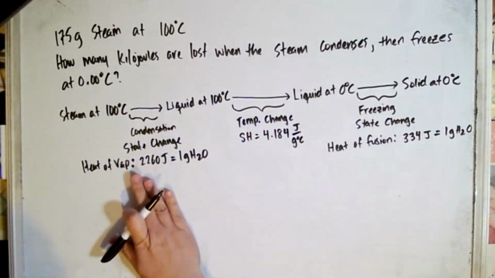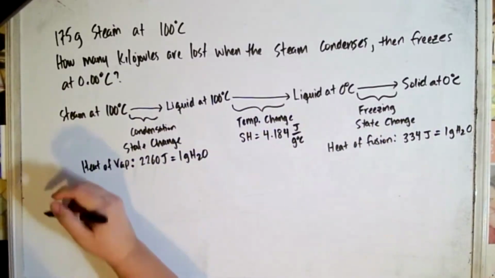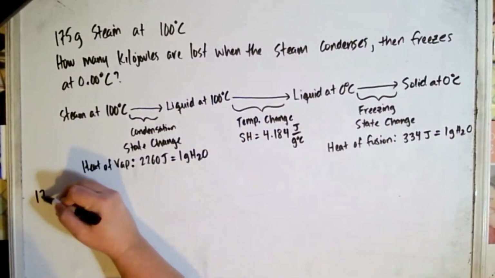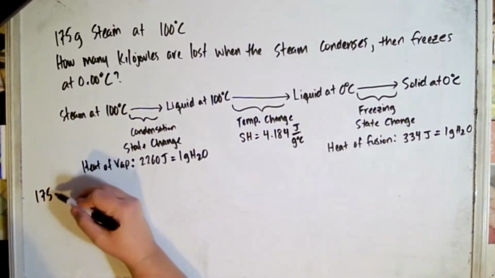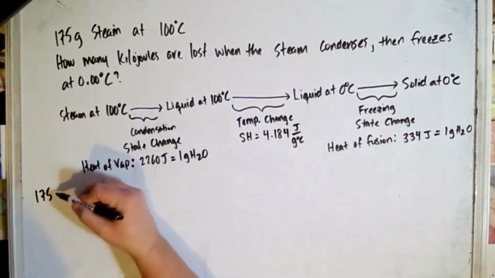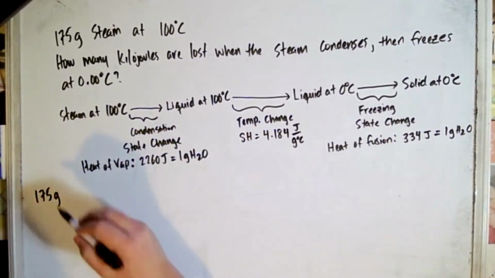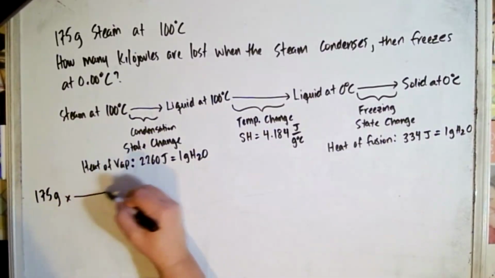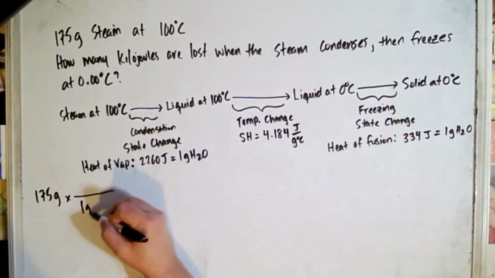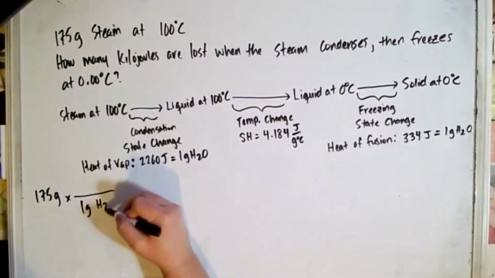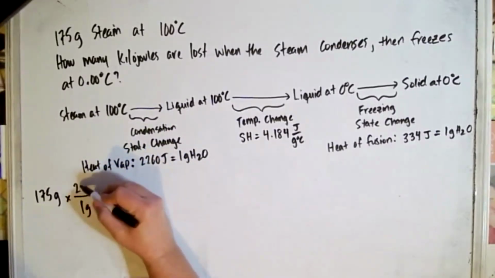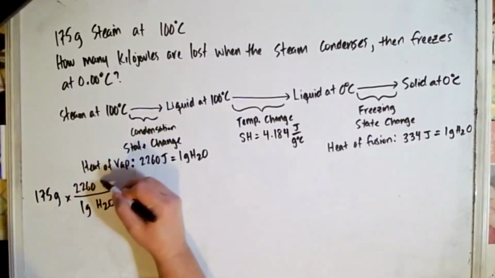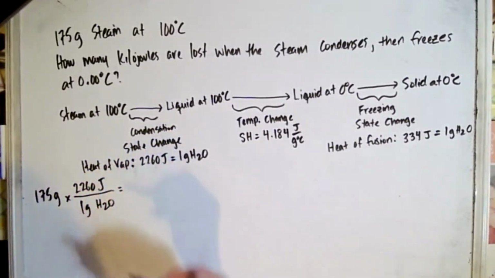So for our first step here, for our condensation step, if we have 175 grams of steam of H2O, we know that every 1 gram is going to release 2,260 joules of heat.